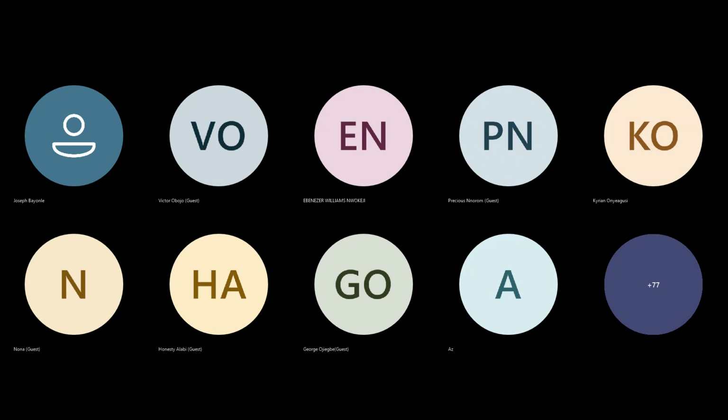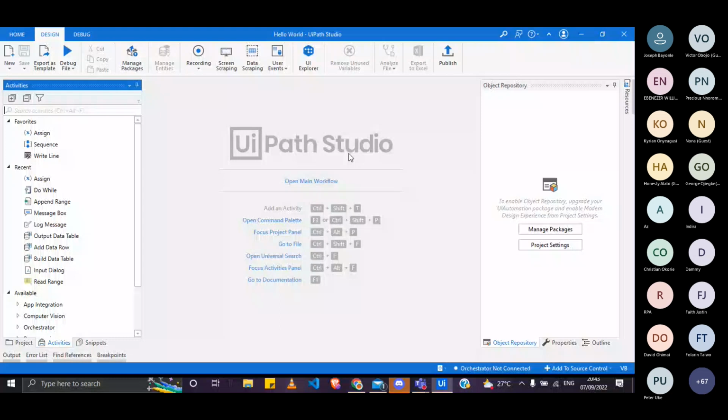Let me share my screen again now. Okay, can you all see my screen? Now most of us should be on this page. UiPath Studio, open workflow, add an activity, open command palettes, etc. The first thing we have to do is open the main workflow.